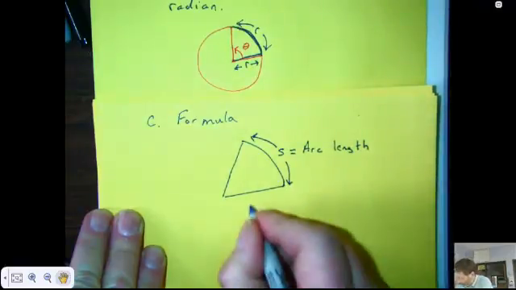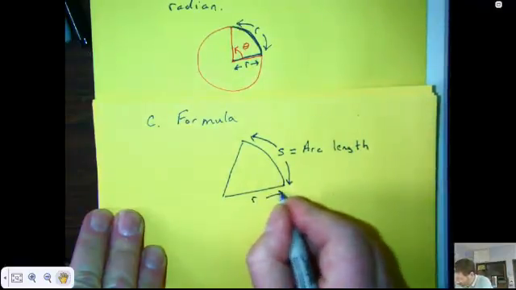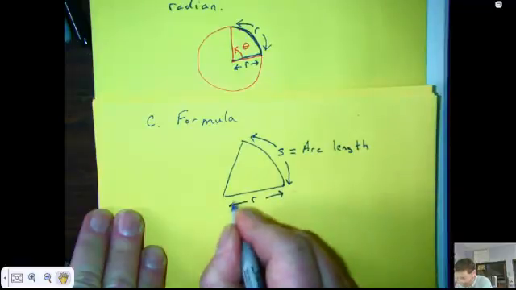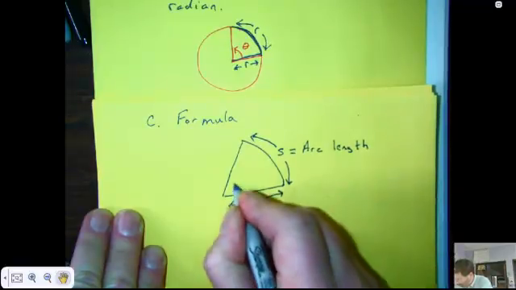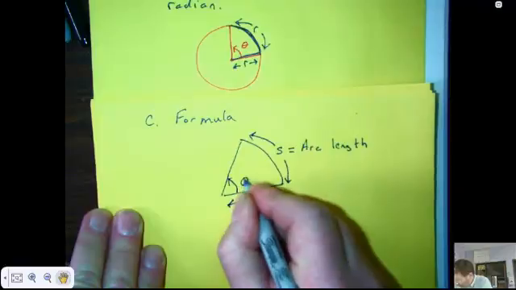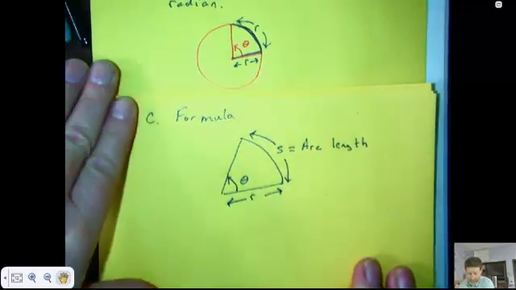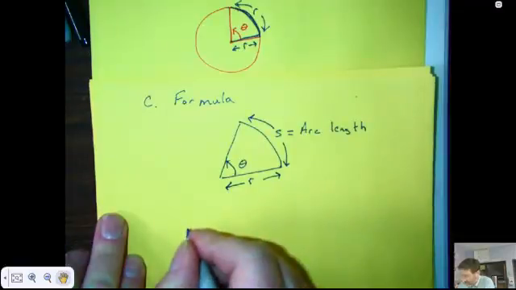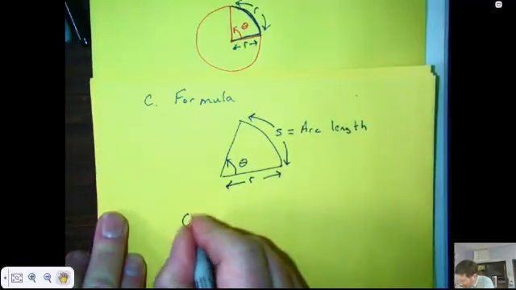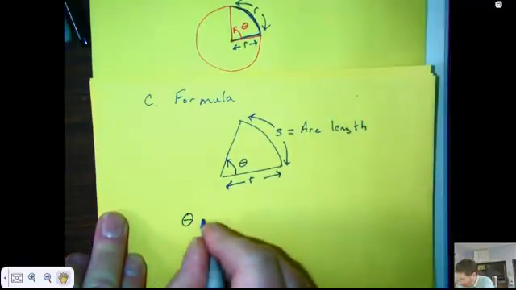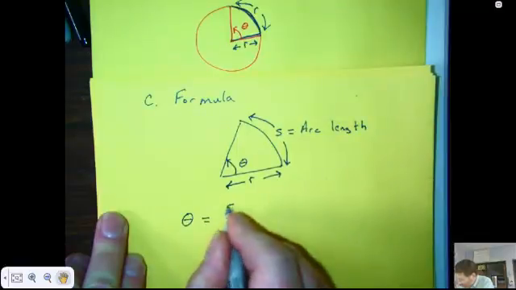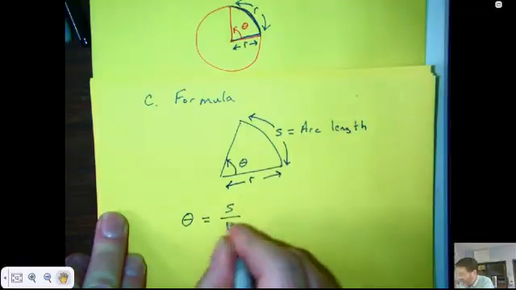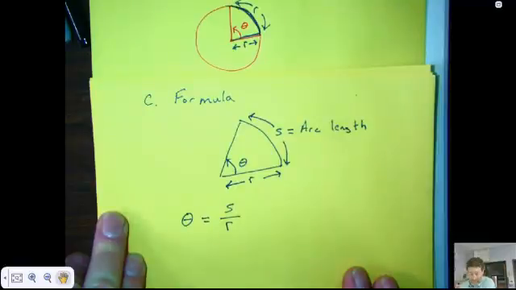We have R, the radius, which goes from here to here. And this is our angle theta. So we're going to say then that by definition, theta is going to equal S over R. It's that ratio.